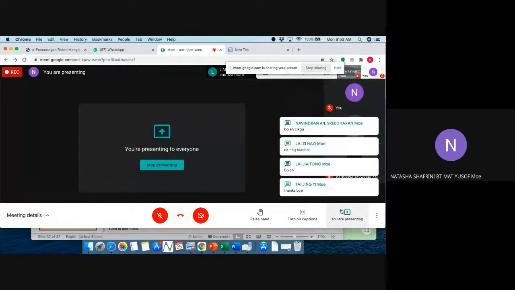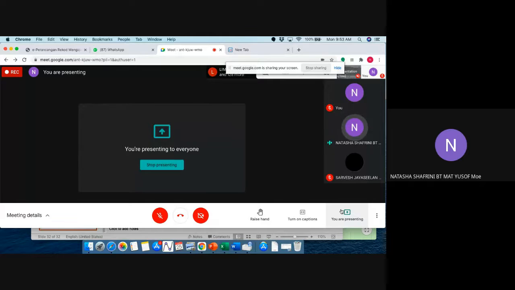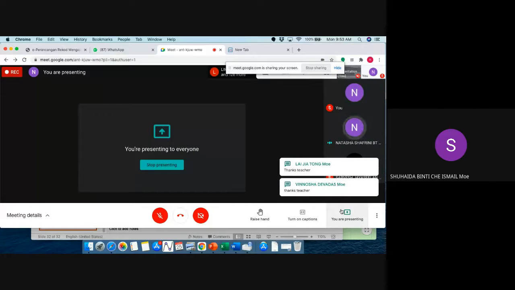Sekejap, cikgu rasa Cikgu Syahidah ada masuk tadi. Cuba saya tengok dulu. Hai Cikgu Syahidah. Nasib baik you good je semua. Okay, boleh tak open kamera semua? Cikgu Syahidah ambilkan gambar kita boleh tak?